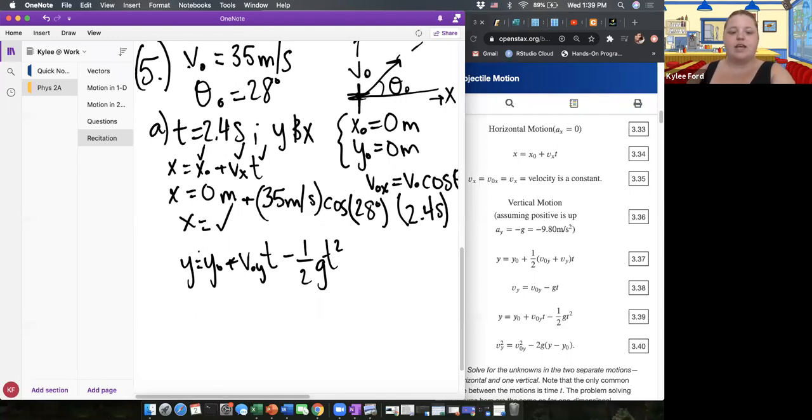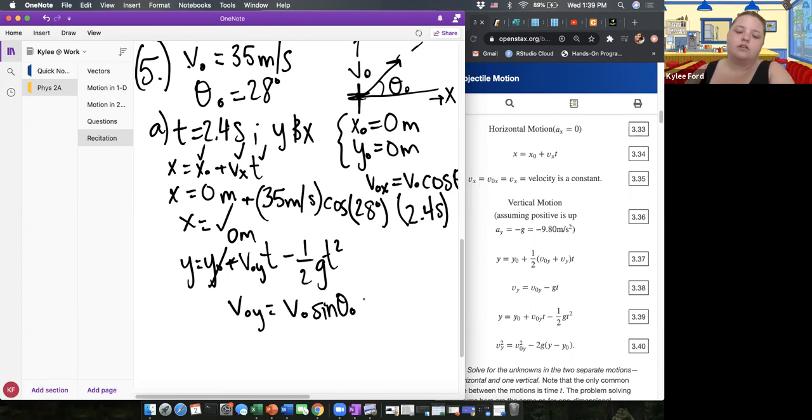Okay, and Y naught is 0 meters, if you remember. My V naught Y is going to be V naught times sine of theta naught.